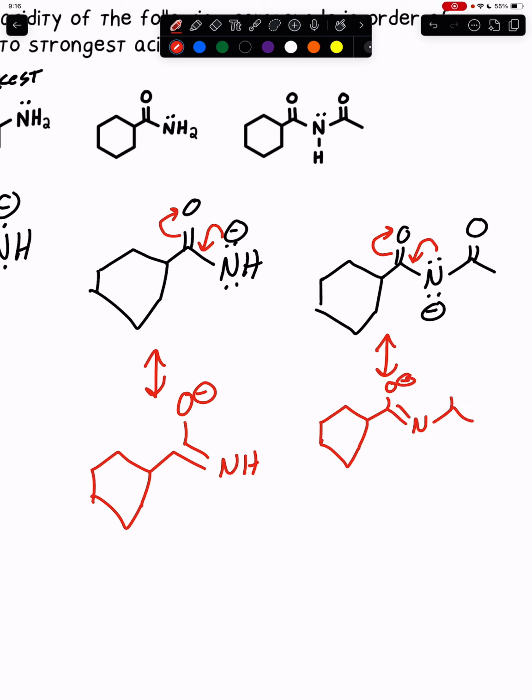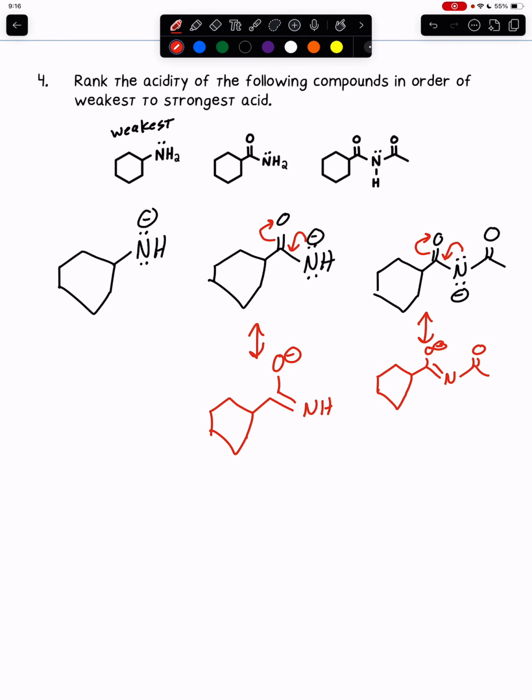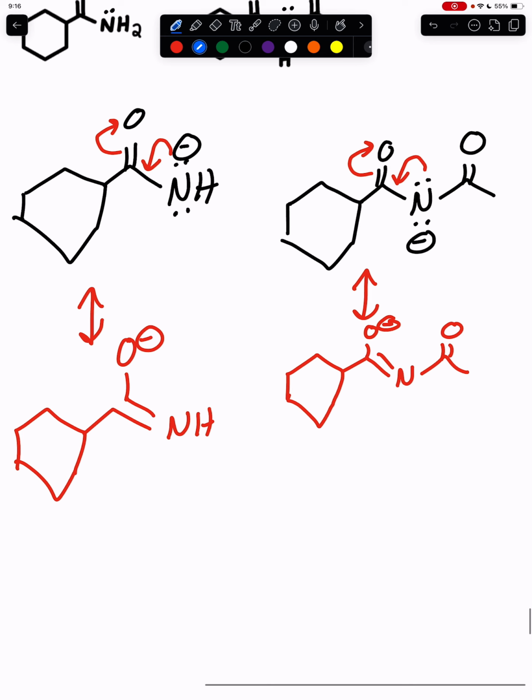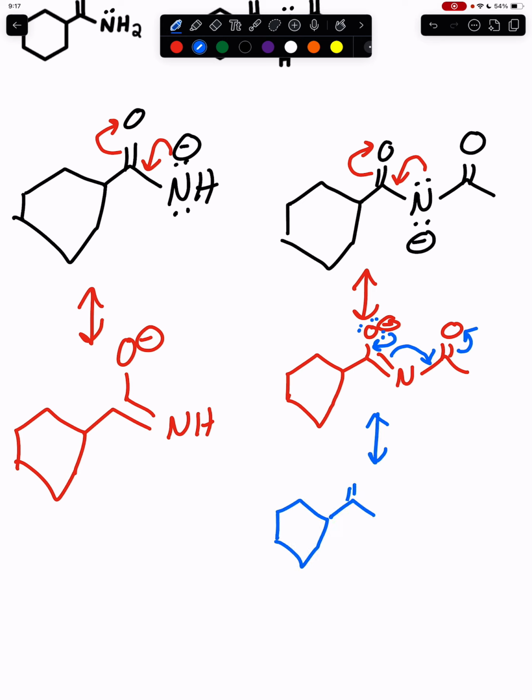All right. But that's not all it can form. So they don't have the same amount of resonance because the electrons can also move back and these can move over here, which pushes the charge up here, forming another resonance structure.